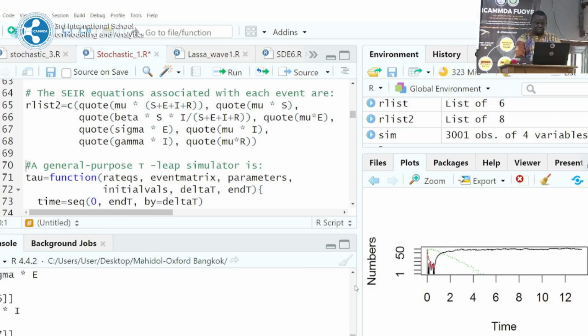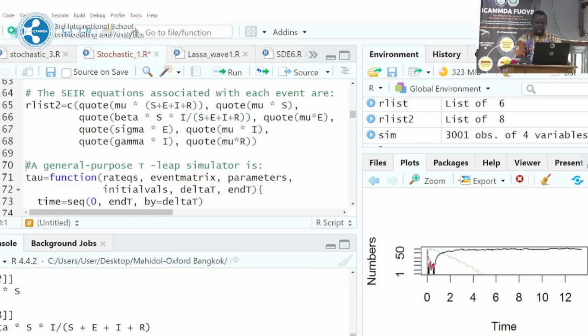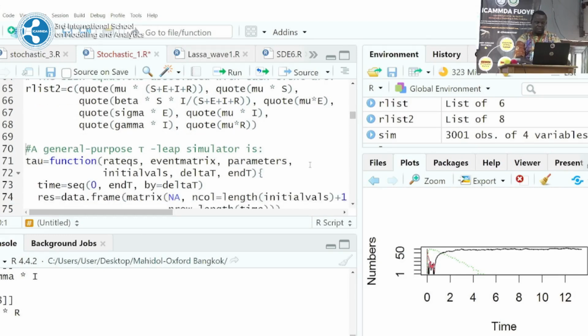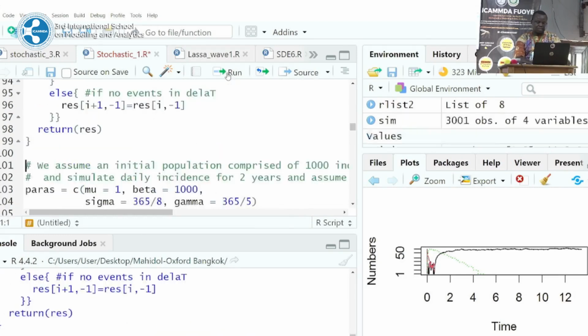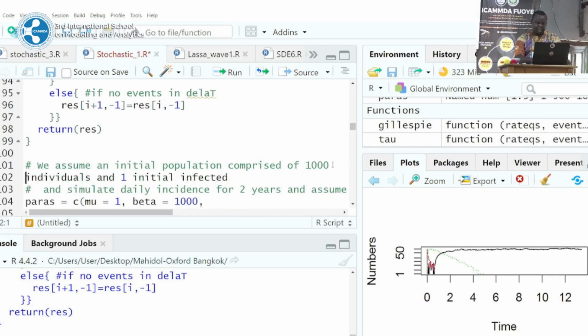So you have all the events, 8 events, R lists. I want to check each of them, what is inside. And then we have the tau. And then we assume an initial population comprised of 1,000 individuals.